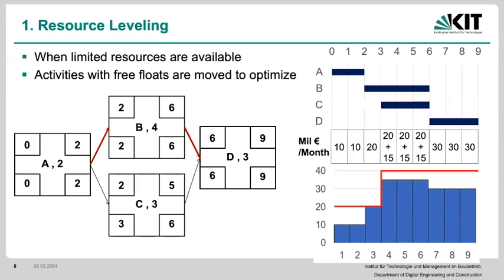So as a rule of thumb, typically when we look at resource leveling, what we have to look at are these activities that have some free floats, okay? We start from those activities, we move them around in a way that this is satisfied.